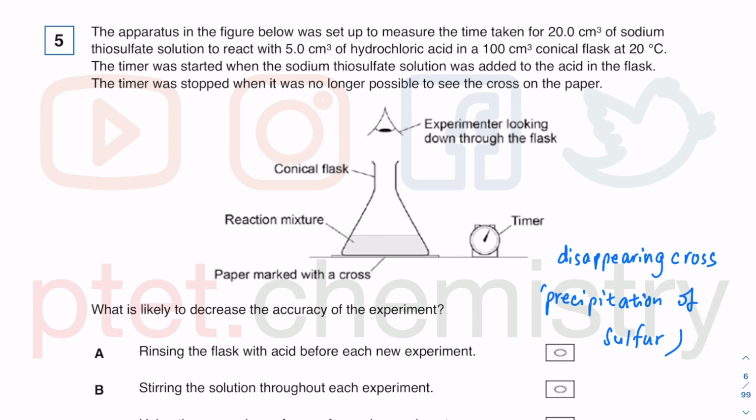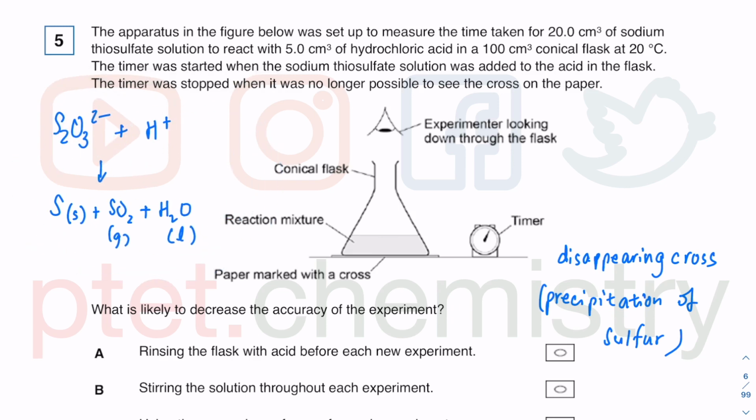It's a redox reaction where you have thiosulfate, that is sodium thiosulfate, containing S2O3 2-, reacting with H+, that's going to result in the formation of sulfur solid, and then you have SO2 gas, and I think you have H2O liquid as well. You can try and balance this equation.